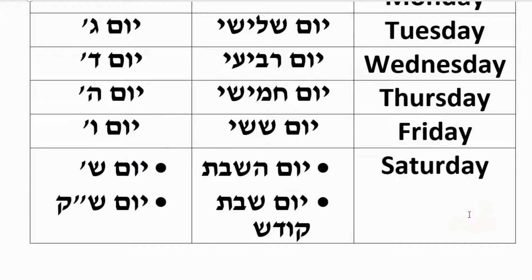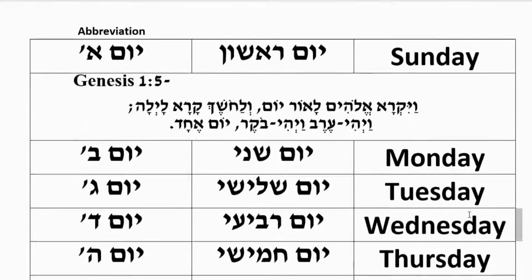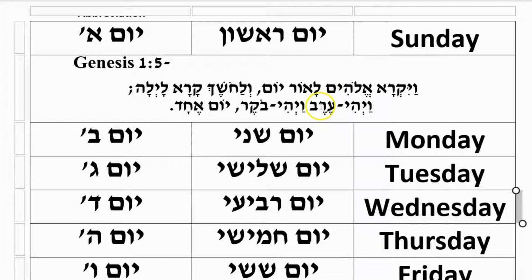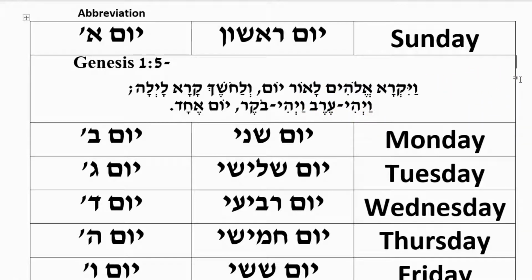Now, before we get on to that, I also want to reiterate that we notice the evening is brought before light. There was initially darkness, and then there was light, and then that was called one day. So by the Torah reckoning, the day begins at sundown and ends at sundown.